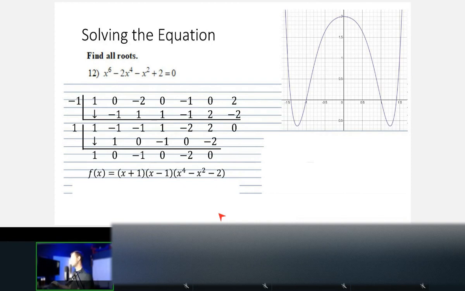All right. What did everyone factor that to? Write it out. What would everyone get to the factored form?